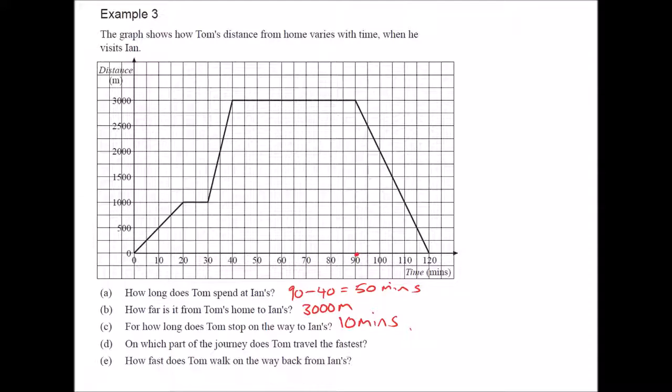Should we calculate that perhaps? Let's calculate that now. Okay, so if we are at 1,000 and we want to get to 3,000, we can see the distance travelled there, let's write this at the top, is going to be 2,000 kilometres. And how long did it take him to get there? Well, from 30 to 40 is 10 minutes.